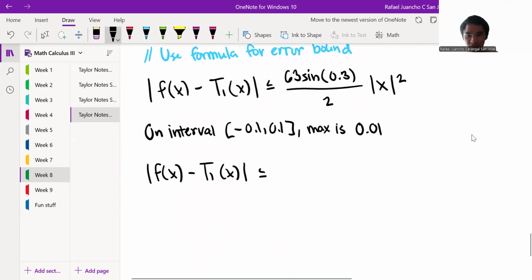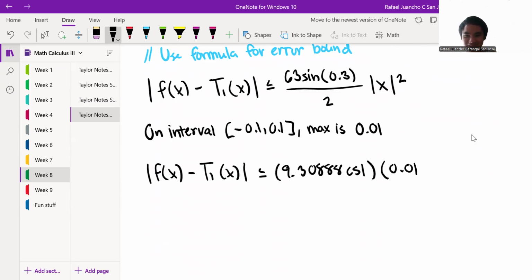I'm trying to be as precise as I can. I could keep a couple of decimal places in, but here I'm going to keep everything. And then this is around 0.093088865.